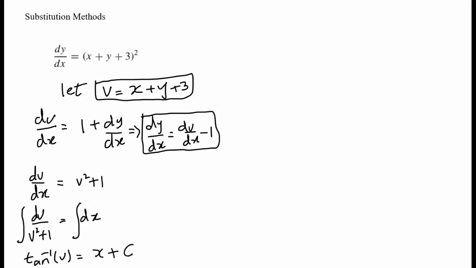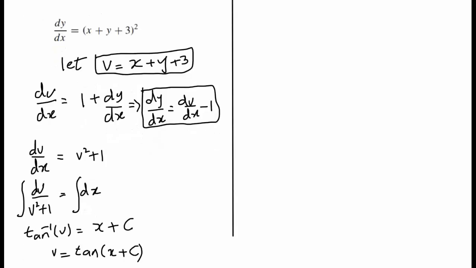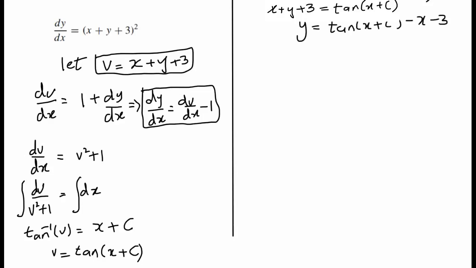Therefore v is tan of x plus c. Now we change the variables back, so x plus y plus 3 equals tan of x plus c. And now we have our final solution, and there it is.